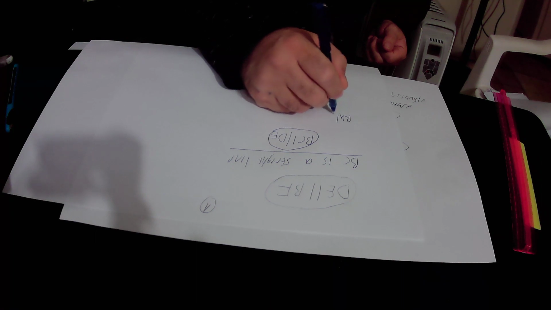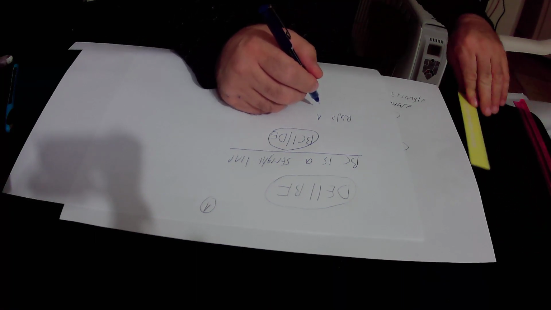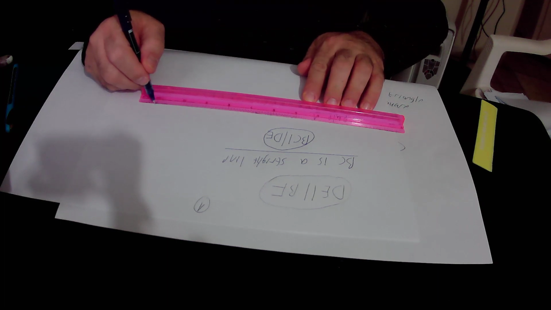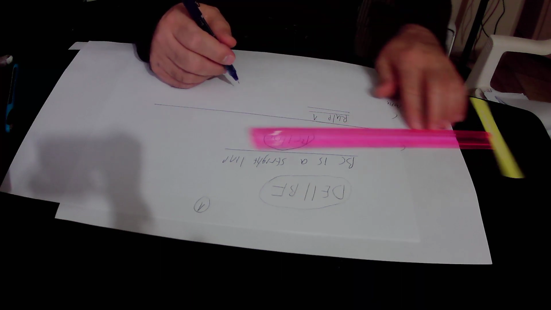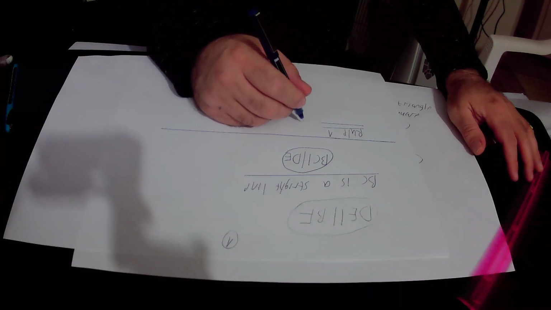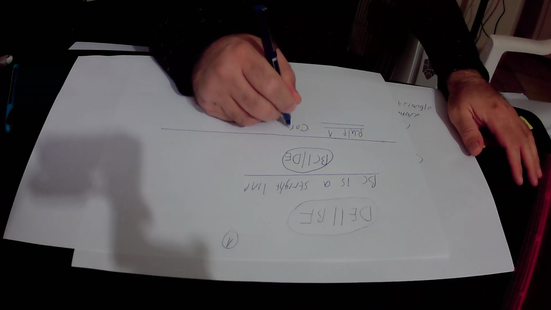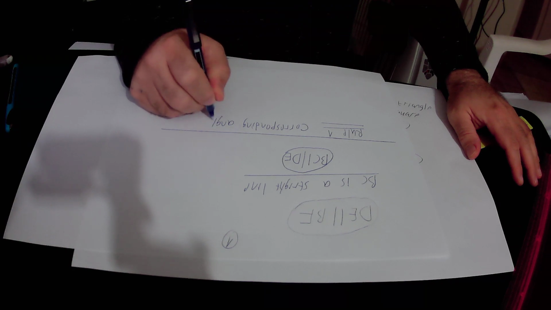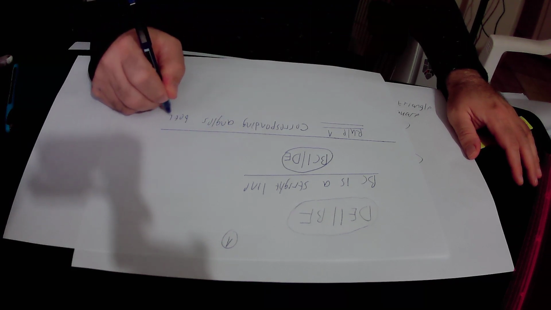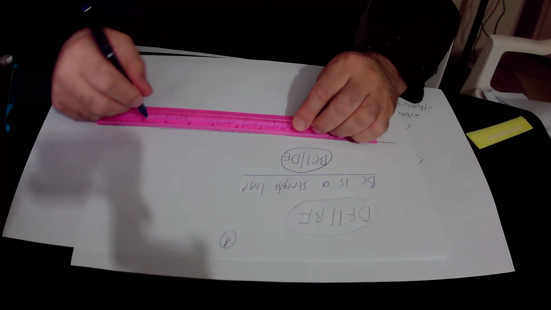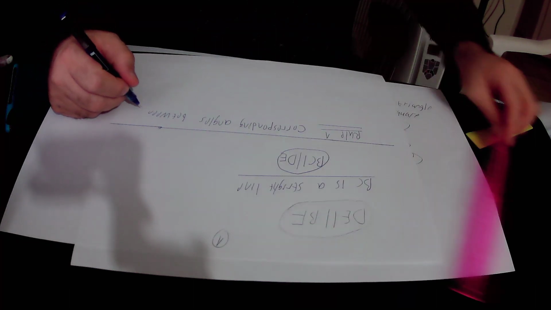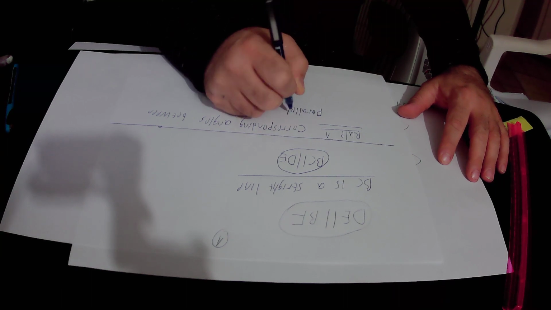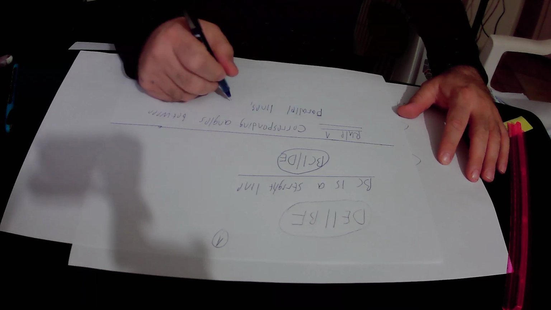According to rule number 1, corresponding angles between parallel lines are equal to each other. I write it down.